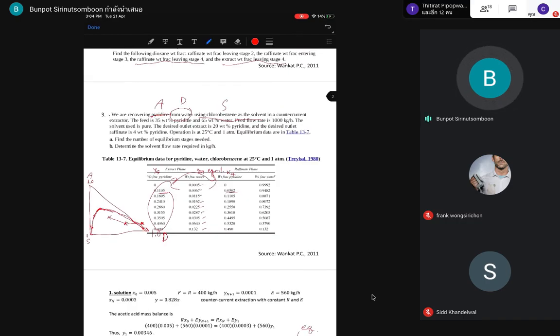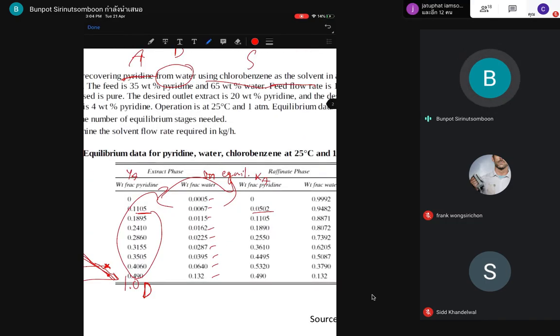Just like I say here, this is YA, this is XA, right? YA is the composition of solute in the extract. XA is the composition of solute in the raffinate. So I got these two sets of data here, YA and XA.